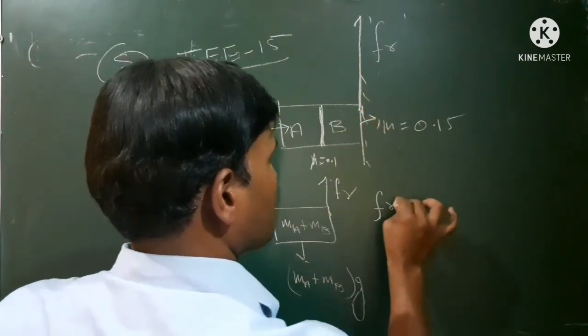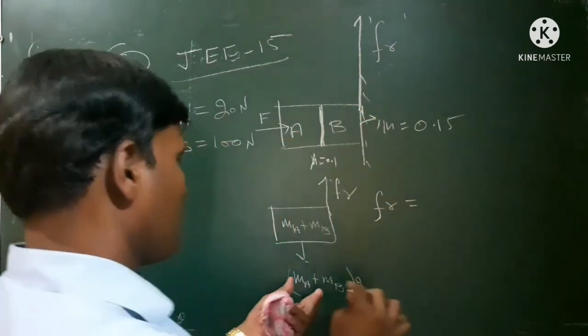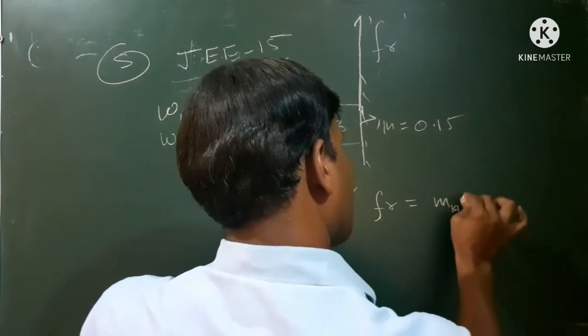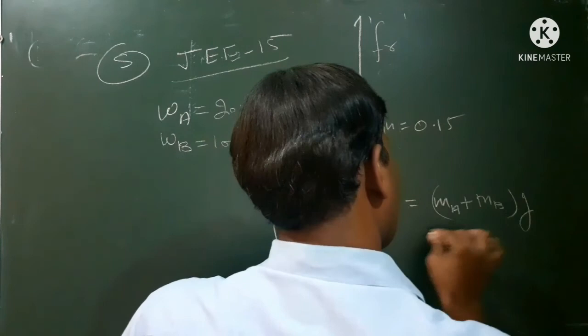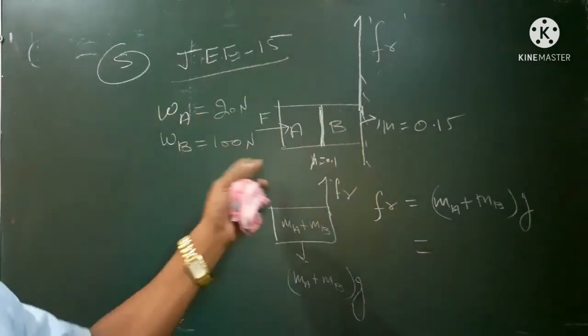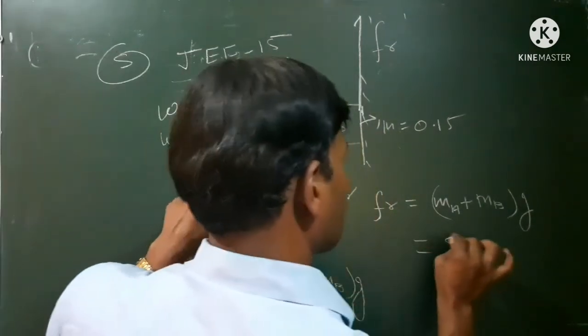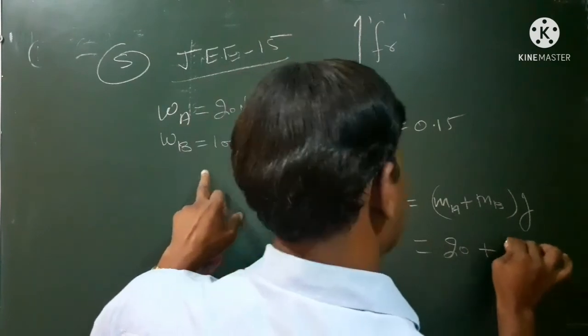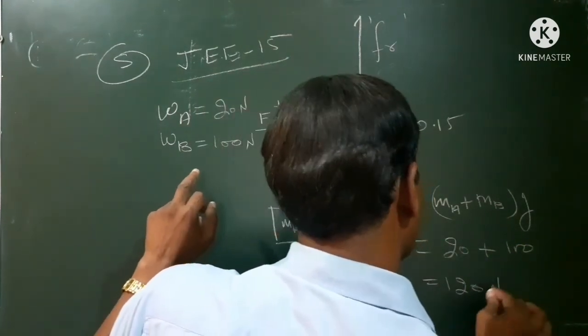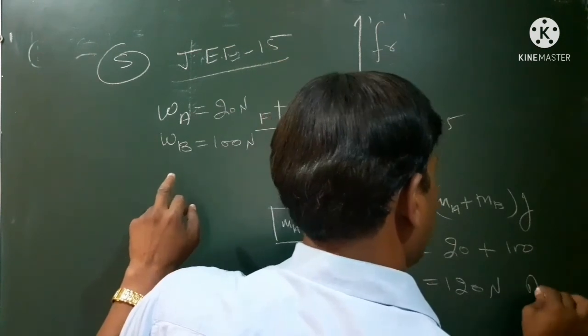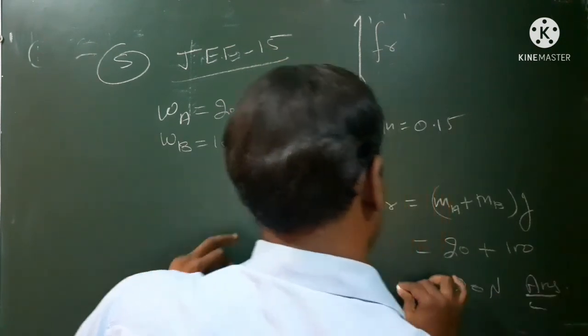So Fr must be equal to MA plus MB into G. The weights MAG and MBG are already given, so you can write 20 plus 100, which is 120 Newton. This is the answer.